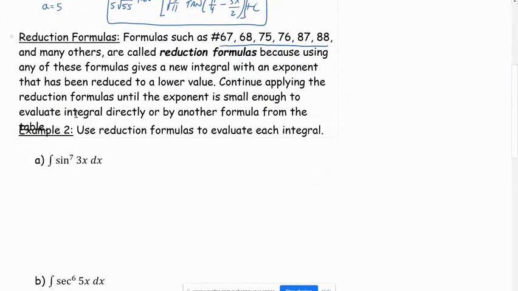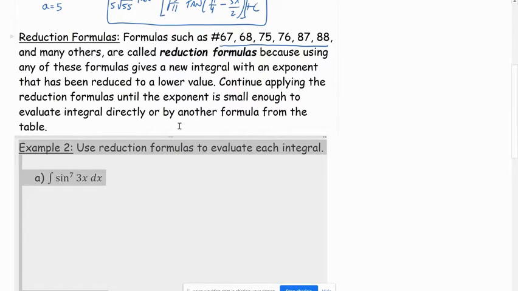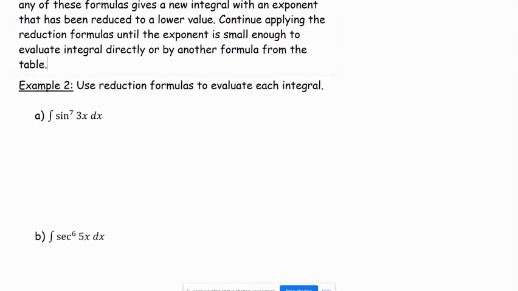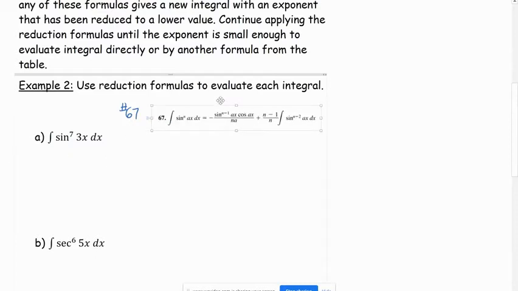And so for example 2, we start with sine to the 7th power. And so we're going to use that first formula, number 67. So here's formula 67.